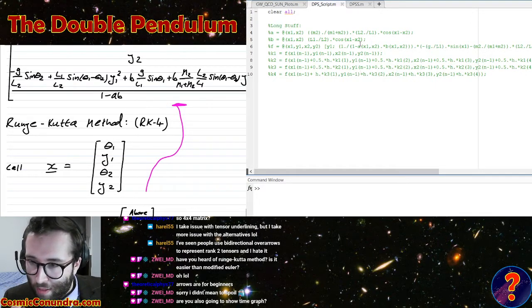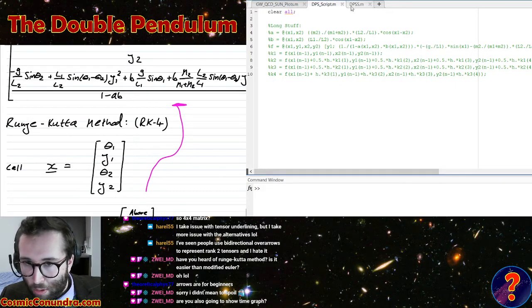So what the length of these little time steps I called h are. So those are what our inputs should be. All of our initial conditions, the masses of the system, and so on.